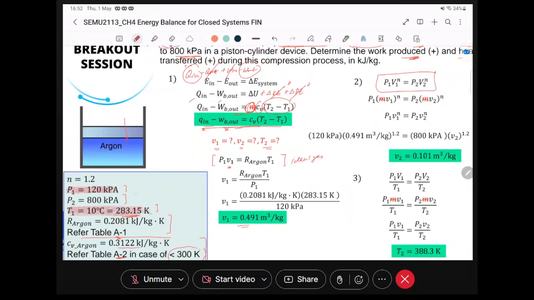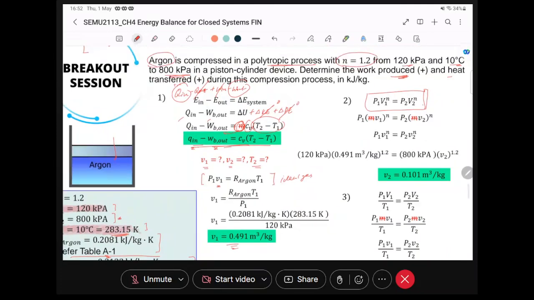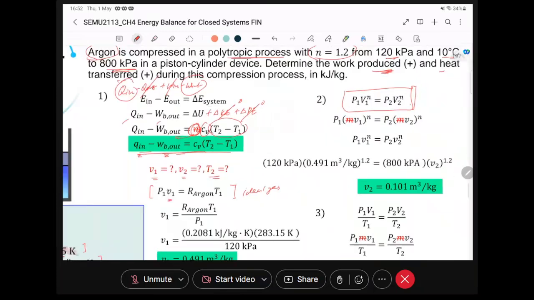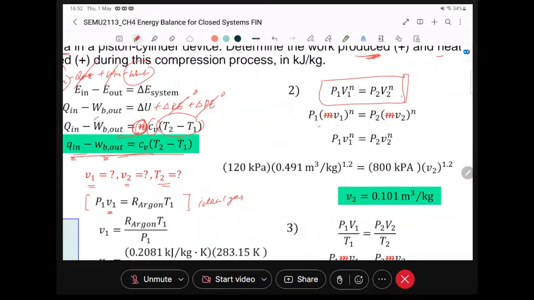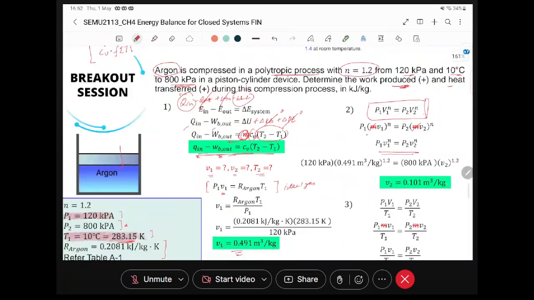For the second state, we only have the pressure, but we can relate the pressure and volume through the polytropic equation. So we first change it to specific terms, where we can cancel out the mass because the mass is always the same within the closed system. There's no mass exchange. So by doing that, we will be able to find out the specific volume in the second state.